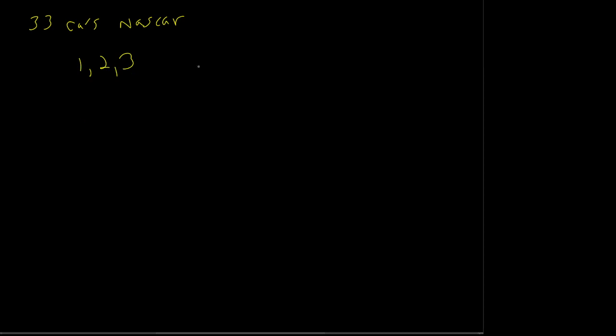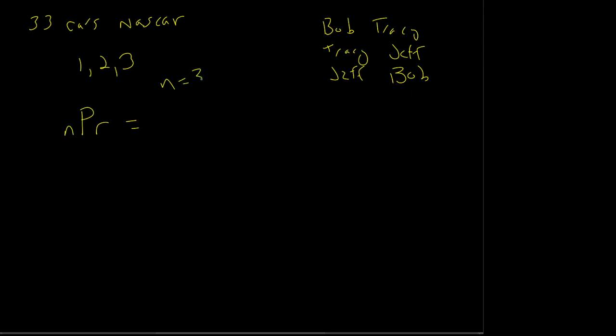And so this means Bob, Tracy, and Jeff is distinctly different from Tracy, Jeff, and Bob, and so on. And so we want every possible combination of first, second, and third. So we're looking at nPr with n equals 33 and r equals 3.